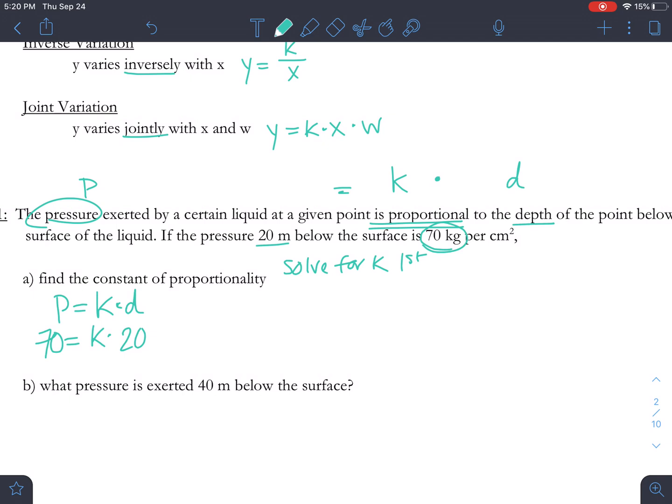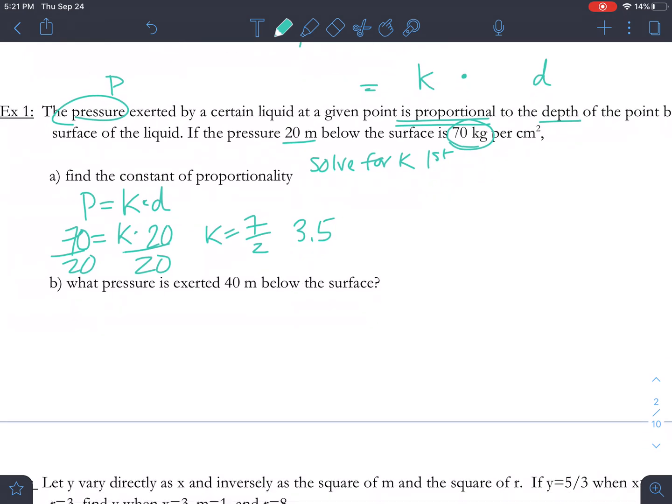The first thing we're going to do is solve for K. So we divide by 20, and we get K is 7 over 2, or you could write 3.5, that's fine as well. We want to keep it exact, so if you have to round on your calculator, try to keep it as the fraction.